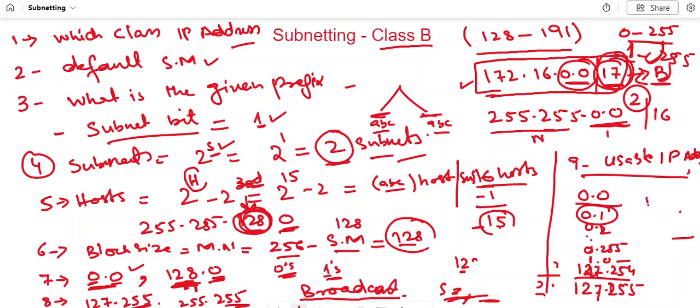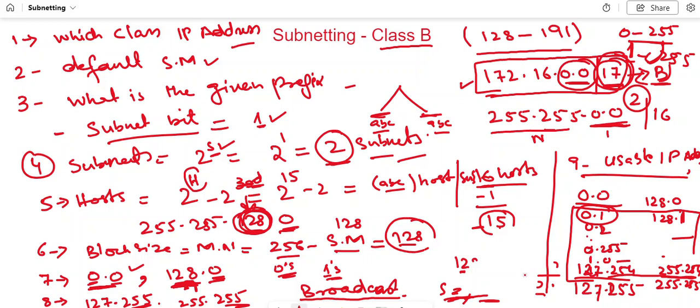Similarly, for the next network, that is 128.0, the broadcast address we calculated is 255.255. So the first is 128.1, and the last will be 255.254. So these are all usable IP addresses in this case.